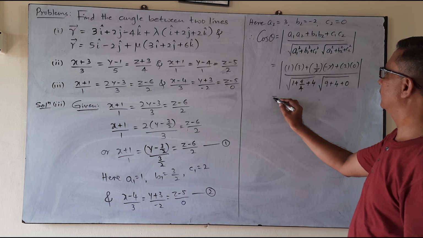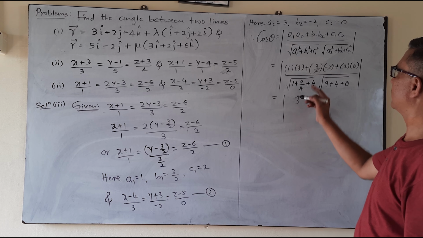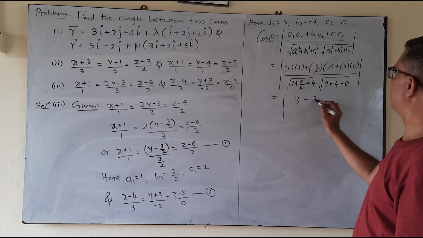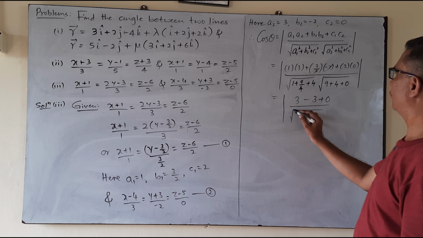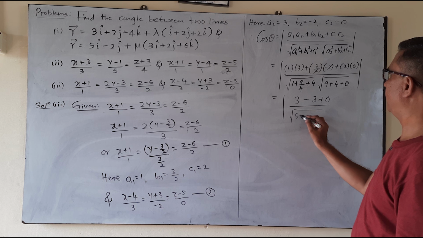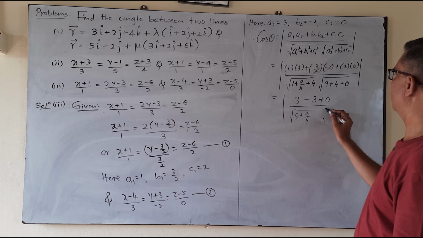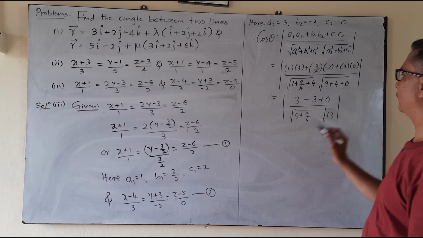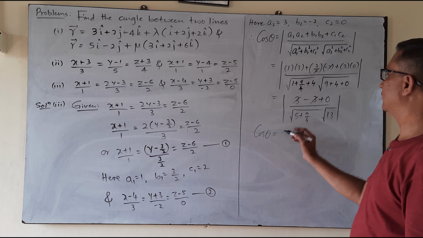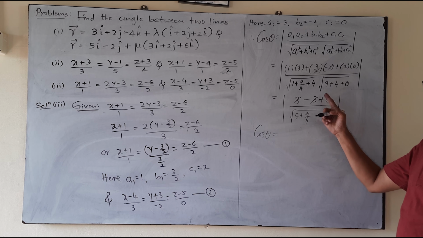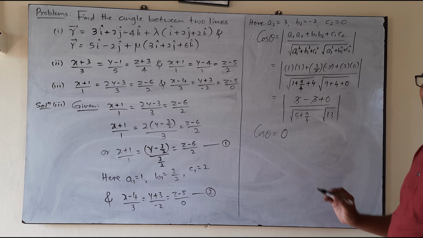2 gets cancelled, that is 1 into 3 is 3, plus 3 by 2 into minus 2 is minus 3, plus 2 into 0 is 0, divided by root of 1 plus 4 is 5 plus 9 by 4, into root of 9 plus 4 is 13. 3 minus 3 cancel. So cos theta is equal to numerator 0. 0 divided by any number is 0.